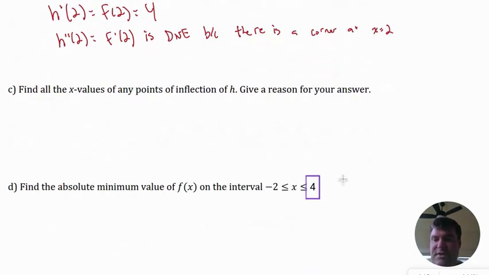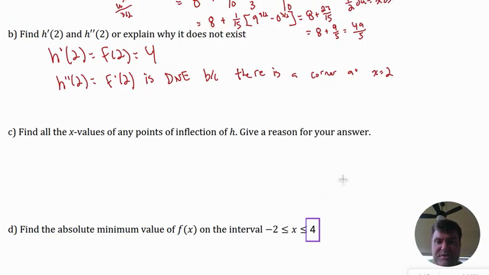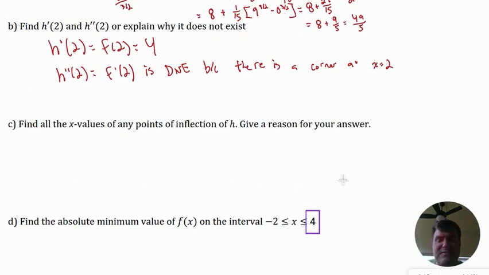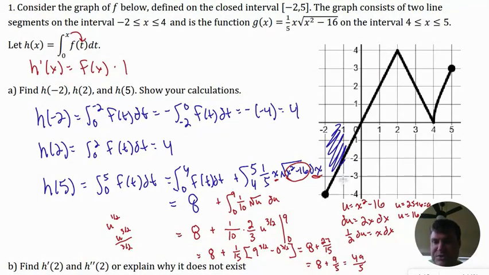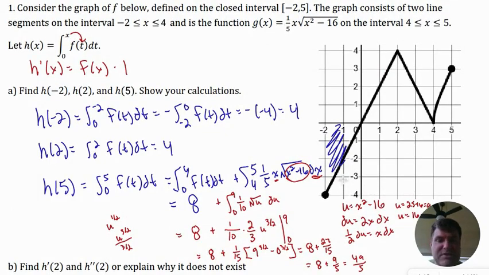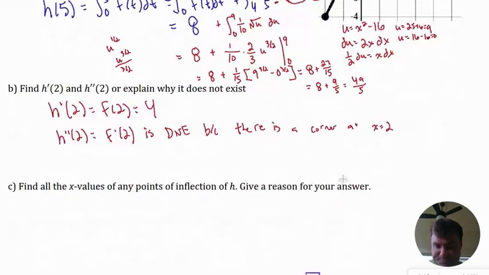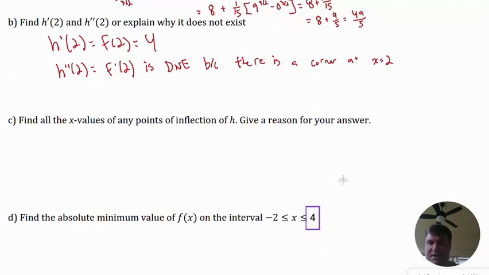Moving on. What are the x values of any inflection points of h? So looking up here at h, again, h is the integral defined function. So if I want inflection points, I want h double prime of x, which we just said is f prime of x from the previous problem.